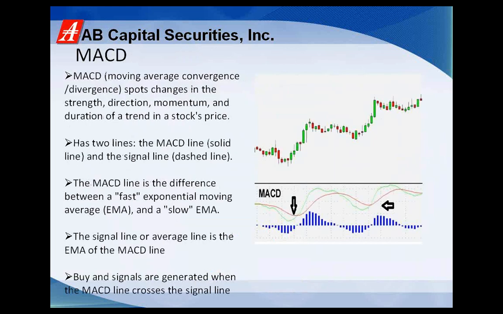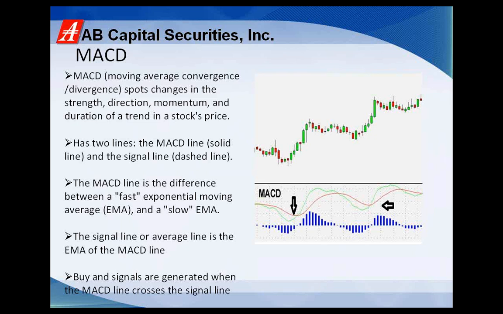A major indicator that investors use, particularly for those stocks that are trending, is the MACD. It helps you spot changes in strength and momentum of a trend in the stock price. There are basically two lines in an MACD chart. One is the MACD line itself, which is the solid line, and the signal line, which is normally in the form of a dash line.